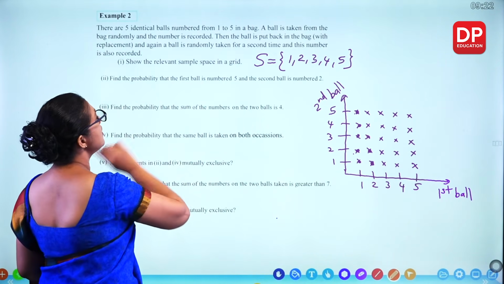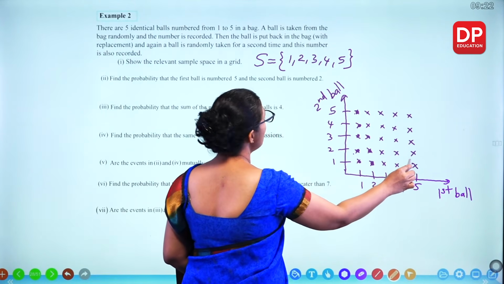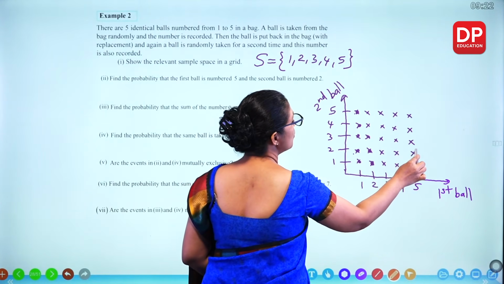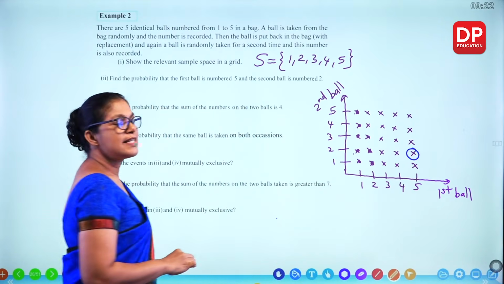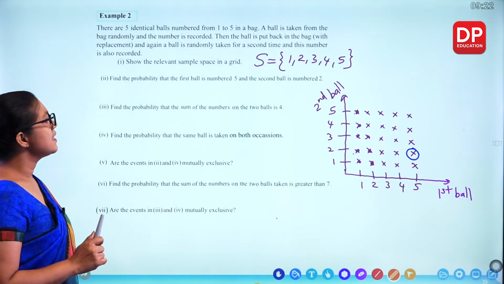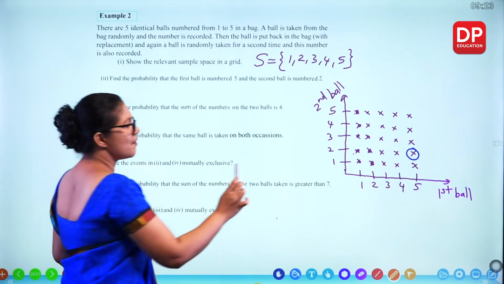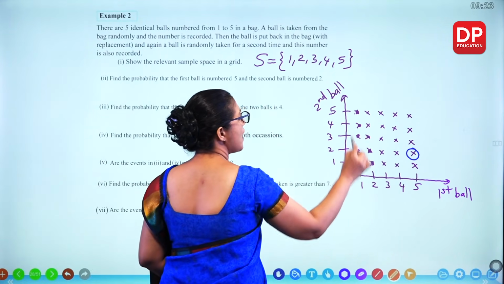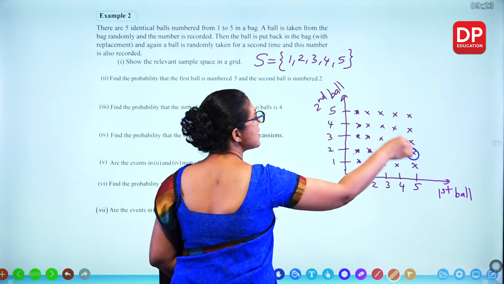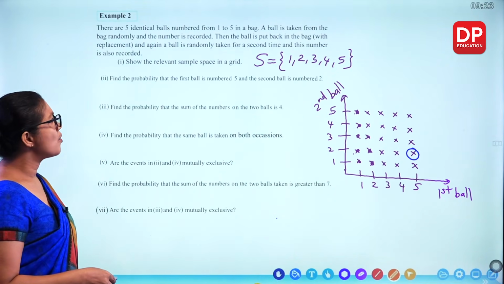First one, 5, and the second one, 2. How many possibilities are there? Only one possibility. Out of how many altogether? 5 times 5, you get 25 possible outcomes.